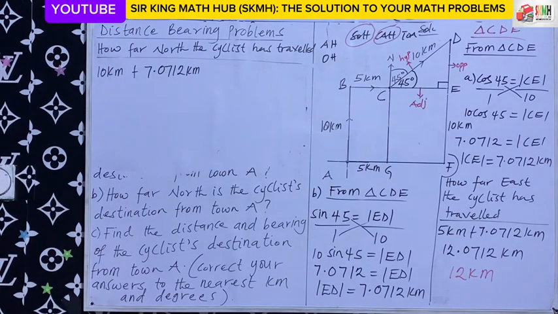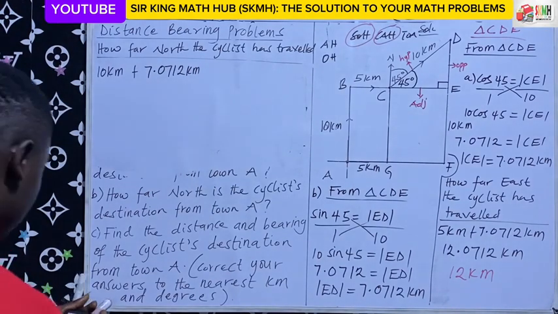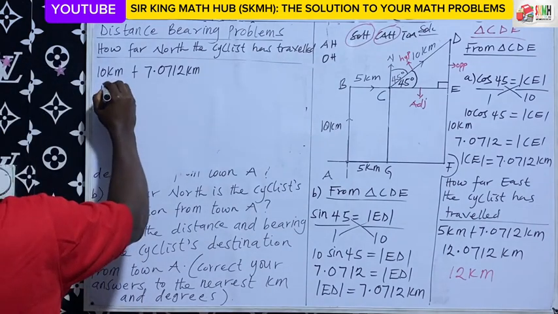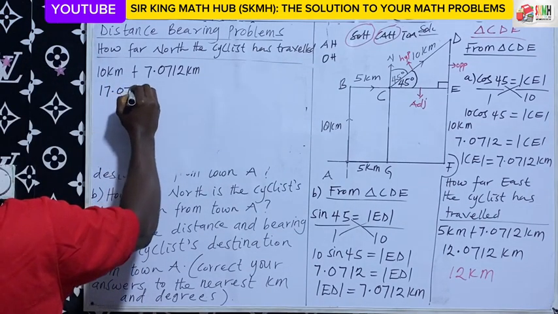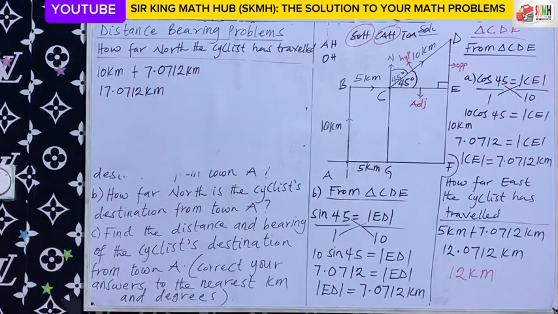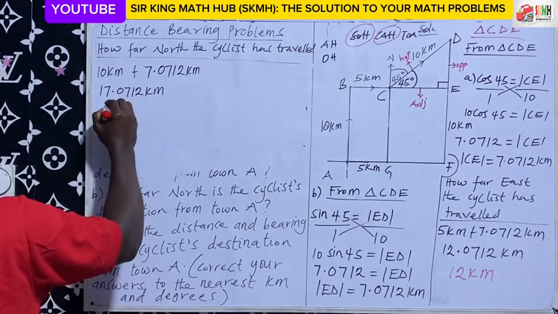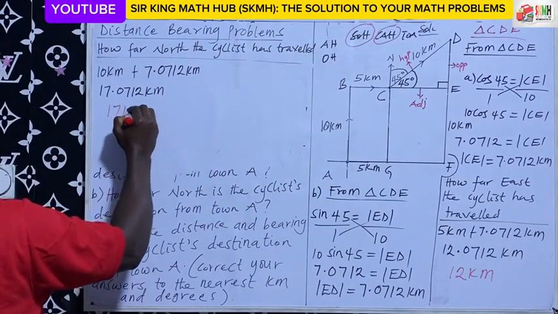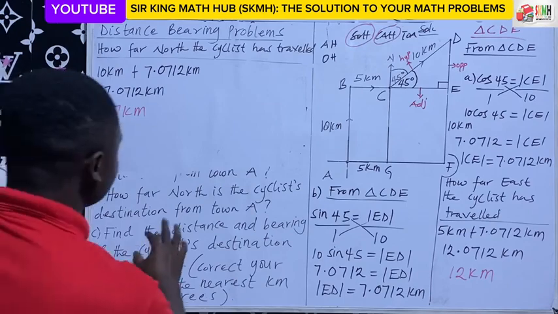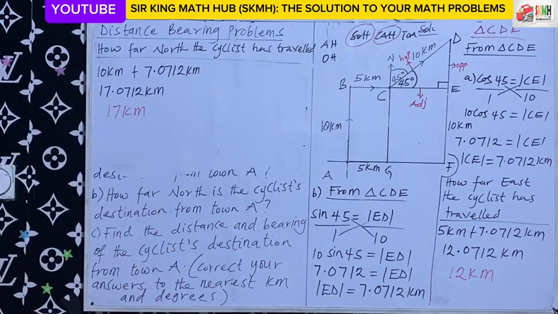So let's sum up the two. 10 kilometers plus 7.0712 should give us 17.0712 kilometers. But again, we have to correct our answer to the nearest kilometer. So to the nearest kilometer, that should give us 17 kilometers. So we are done with how far north we have traveled from the starting point.